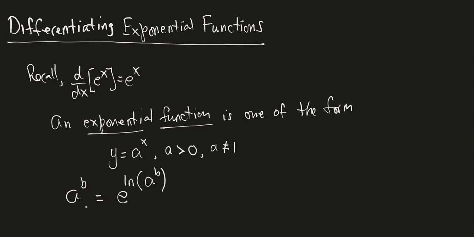But notice I've changed from a base of a to a base e. There's another way this can be written using the property of exponents. I can take this power b and put it in front of the ln as a coefficient. So it's e to the power b times the natural log of a. And this is known as the change of base formula, but for exponents.